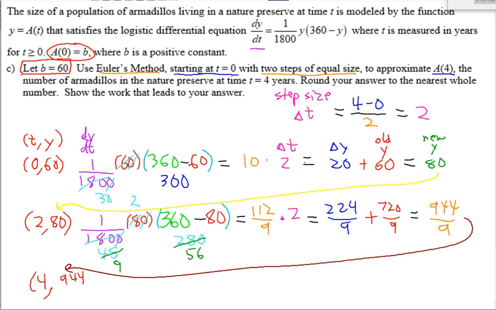And we're asked to approximate A of 4. The only thing else we have to do, notice it says round your answer. Since we're talking about armadillos here, you can't have a fraction of an armadillo, so round your answer to the nearest whole number.